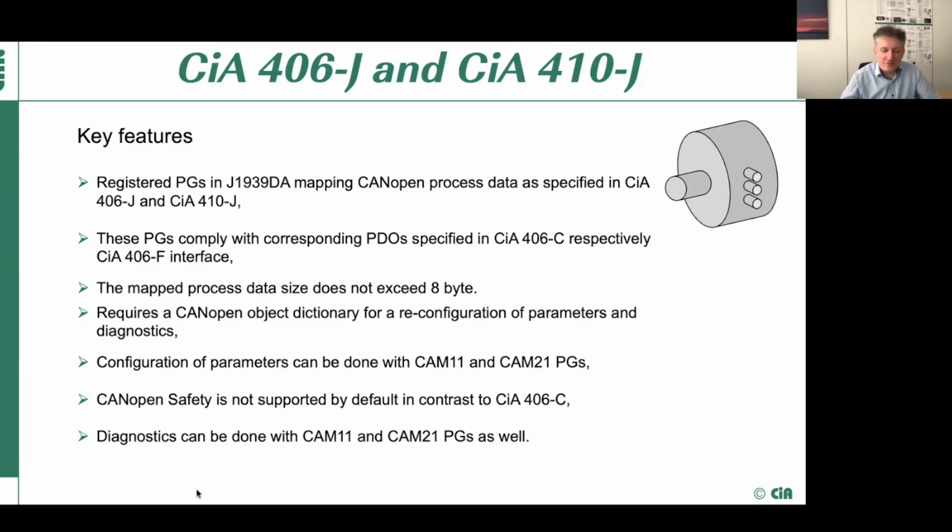Of course, for such a simple device it's not necessary, but if you would like to have the data mirrored in the other network, then what you need is also the communication service, as these 11 and 21 for these PGs that transfer this data into the gateway itself.